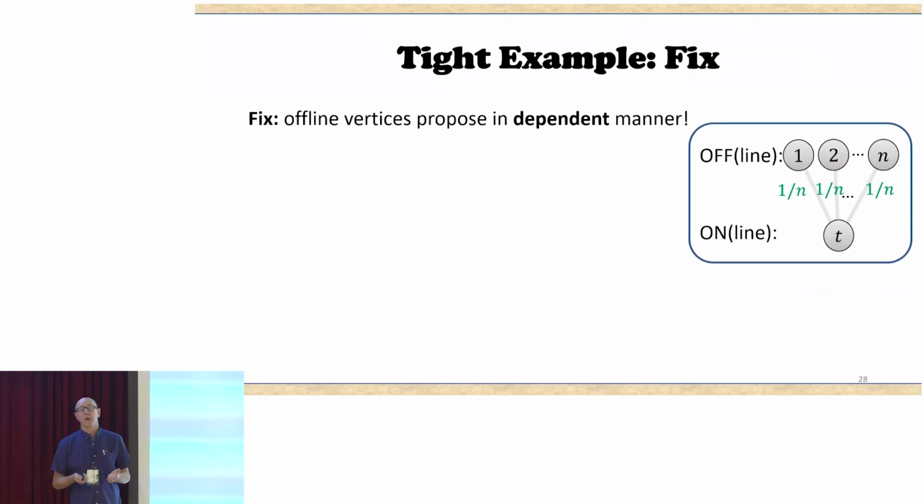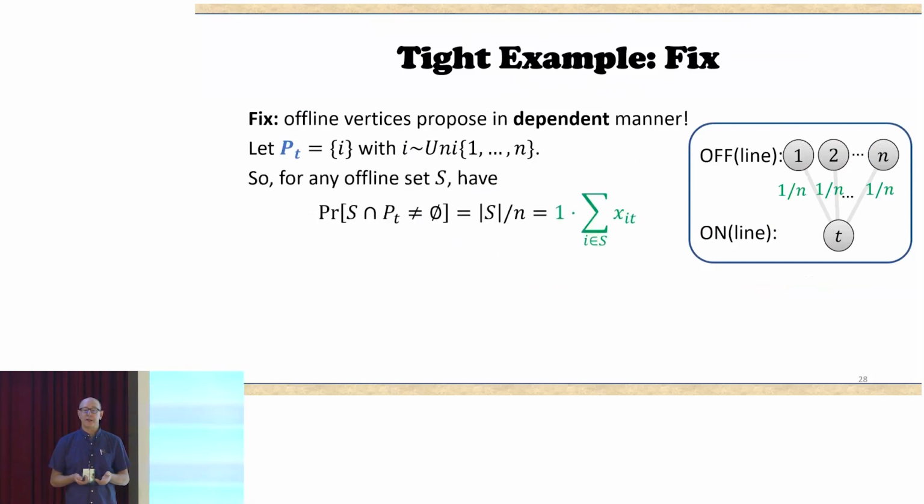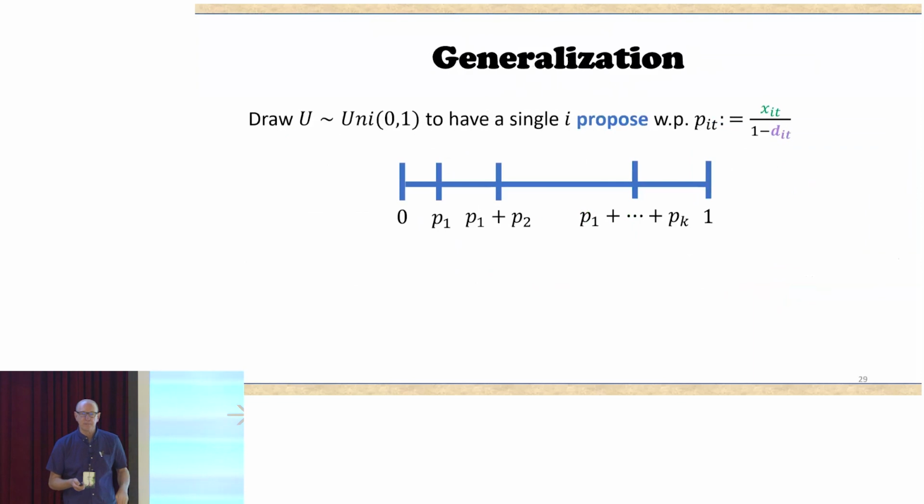Now, of course, in this example, we can run a dependent rounding where we pick one of the offline vertices uniformly at random, and then alpha would be equal to 1. That by itself is not very interesting, but it hints to which direction we should be going to get alpha to be bigger than 1 minus 1 over e.